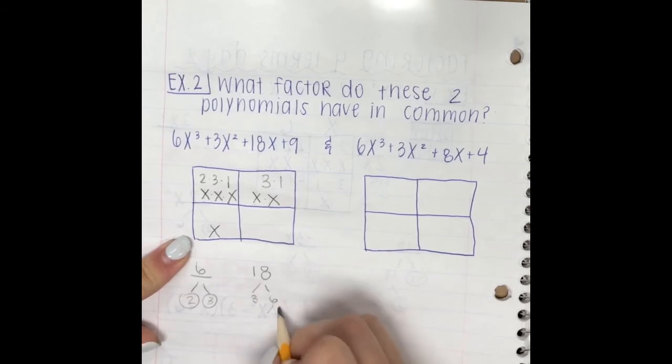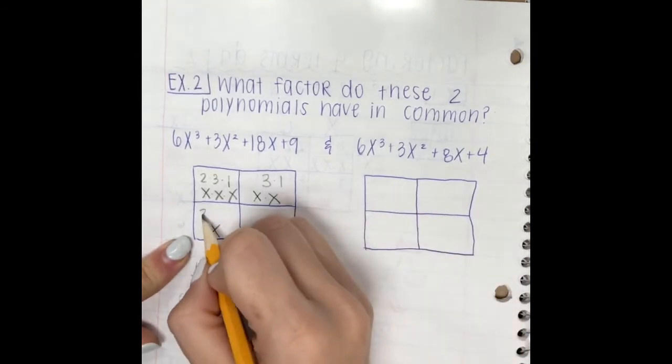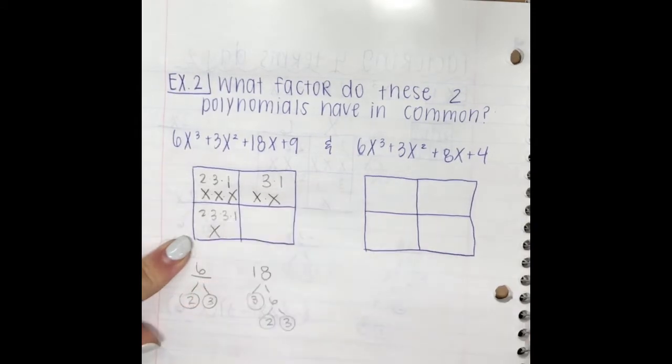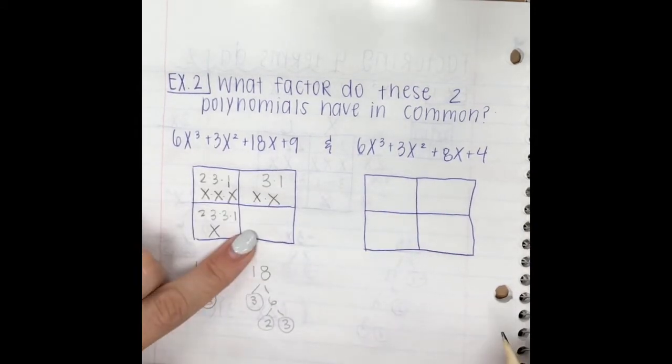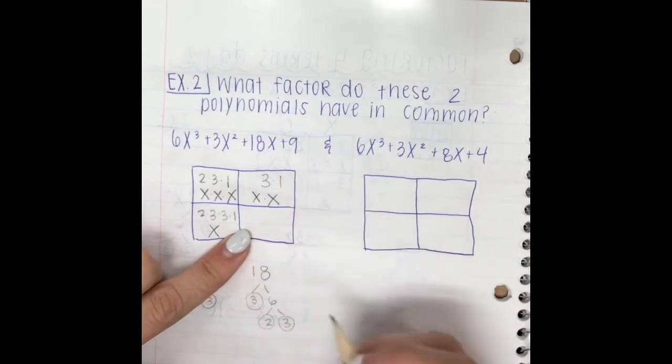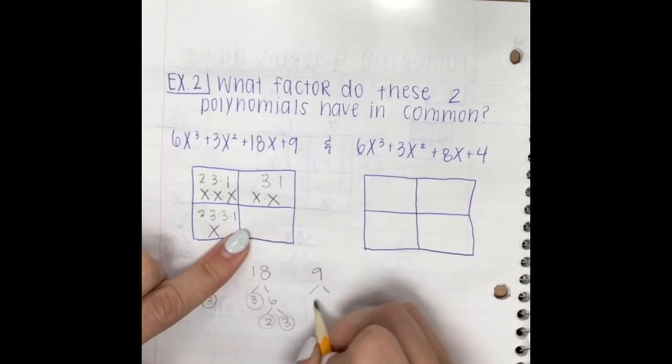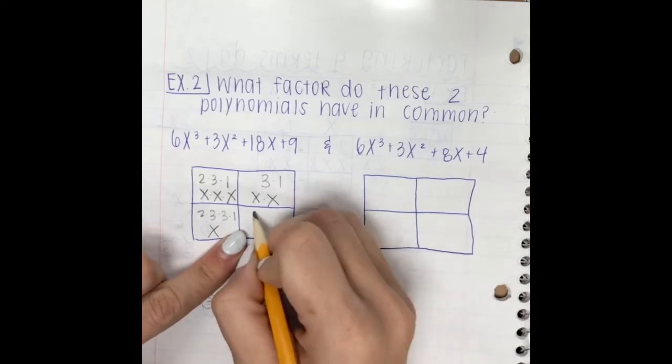We can do 3 and 6, which would then be 2 and 3. So you have 2 times 3 times 3 times 1. And next, we don't have any x's here. So we're just gonna break down 9 into 3 times 3.